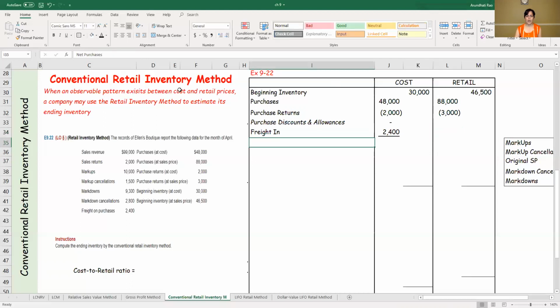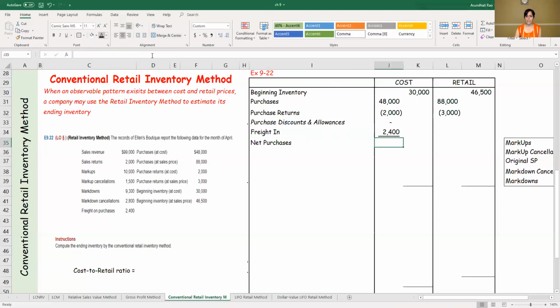Okay. So now this will give you my net purchases. My net purchases, I want to put these in the outer column, is going to be the 48,000 minus 2,000 plus 2,400. Do the same thing over here to arrive at 85,000. It's the 88,000 minus the 3,000. I have my net purchases.